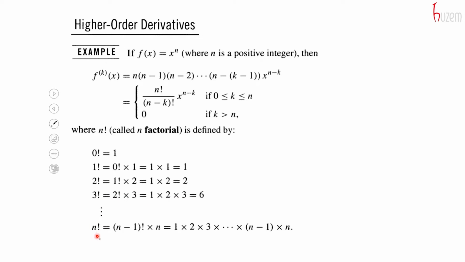And n factorial is (n minus 1) factorial times n. So the product of numbers from 1 to n is just n factorial. So if you think about it using this property, n factorial divided by (n minus k) factorial will be just n times (n minus 1) times ... times (n minus k plus 1).